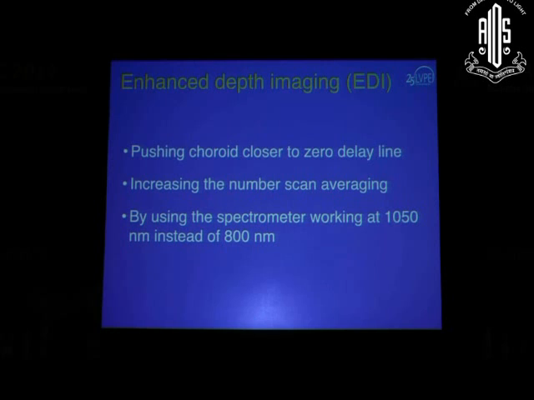If you push it further, you're going deeper, so your sensitivity increases at the deeper layers and decreases for the superficial layers. If you want to look at the choroid, you push it so that the sensitivity is more at the choroid, and you get a clearer choroidal picture. But the problem there is an inversion of the image. You can do that with a regular OCT, just by pushing it closer that way. That's what is called the zero delay line.